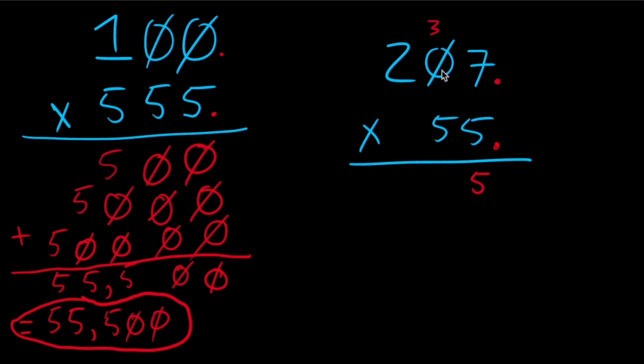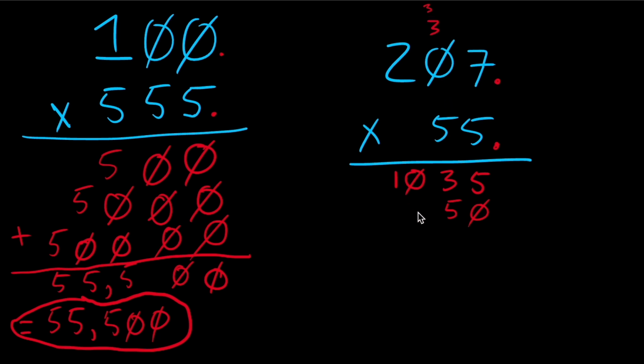So 5 times 0 is 0, but then we add 3. So now we write down the 3 down here. 5 times 2 is 10. Second row, we add that 0. So 5 times 7 is 35. I'll write the 3 up there. And I'll write the 5 down here.